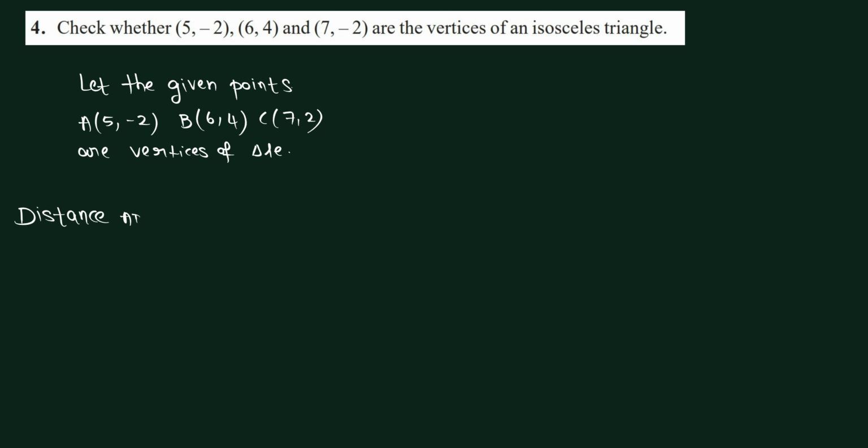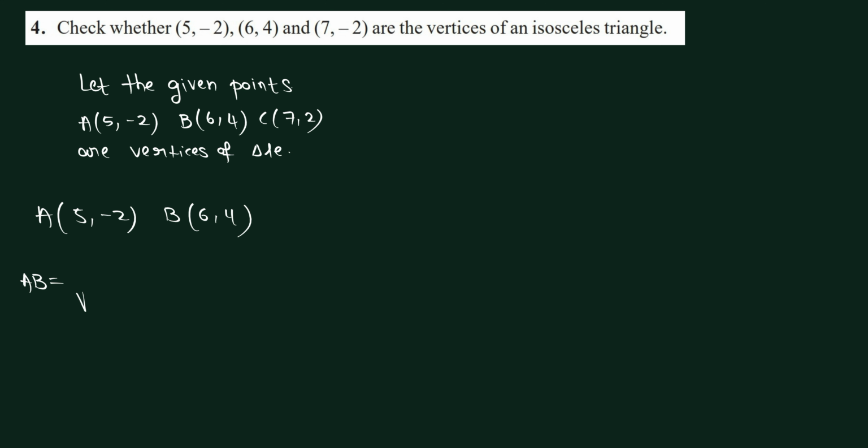Distance AB. What is the A value? A value is (5, -2). To find the AB value, first you write these 2 points: A (5, -2), B (6, 4). You write the formula.